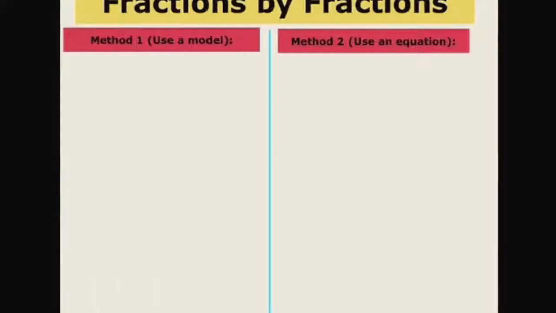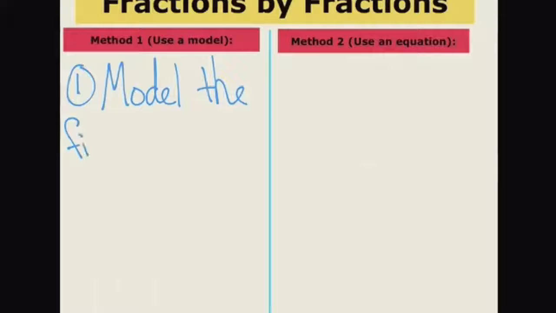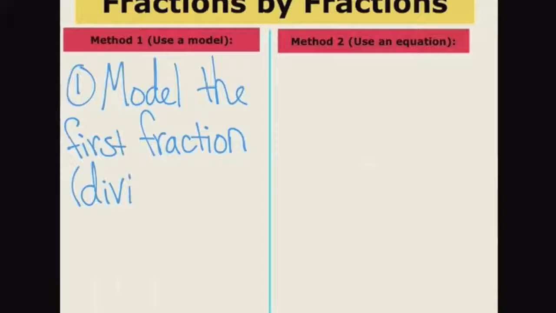When we're dividing fractions by fractions, for the first method using a model, which remember that means we're representing the fraction so we can see what we're doing, first step is going to be to model the first fraction, which remember that first fraction is called the, that's right, the dividend.